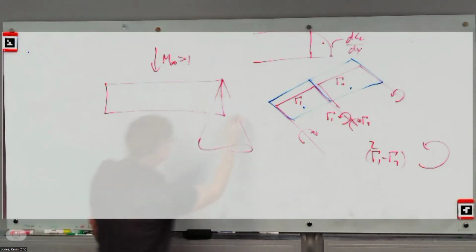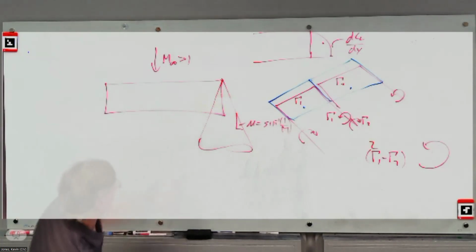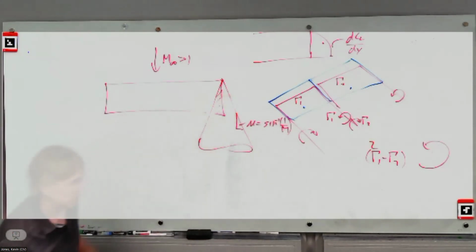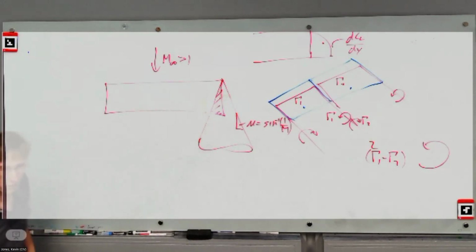That cone has the slope equals sine inverse of 1 over Mach. And so the wingtip can only affect this little chunk of wing. Everything in the middle can't see the effect of that wingtip in supersonic.